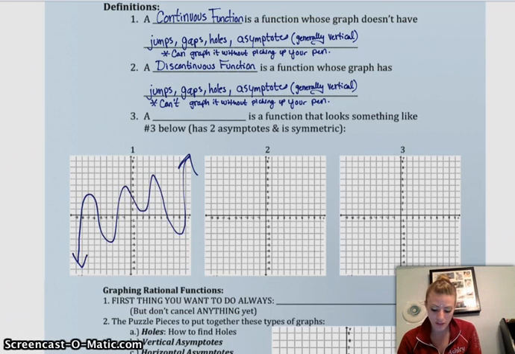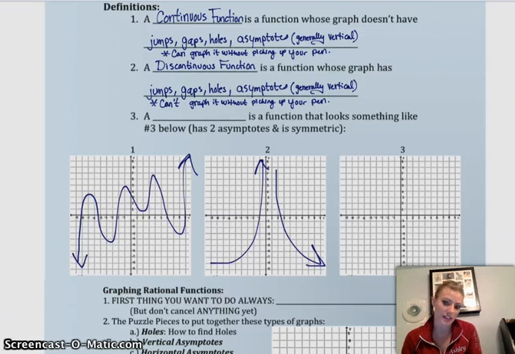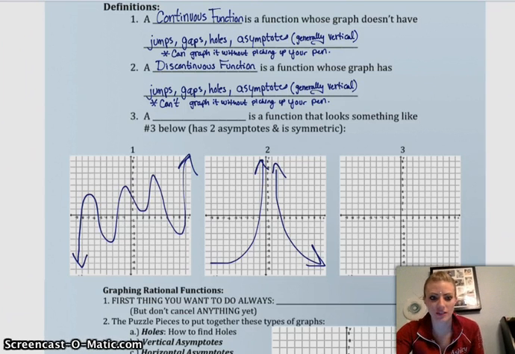A discontinuous function might look like this, where all of a sudden it jumps to another point and then keeps going, or it has an asymptote maybe and looks like that and then looks like that. But if you notice, I had to pick up my pen. Actually, you probably couldn't see that because you can't see my pen. But you can't draw it without picking up your pen, unless you're magic at all.